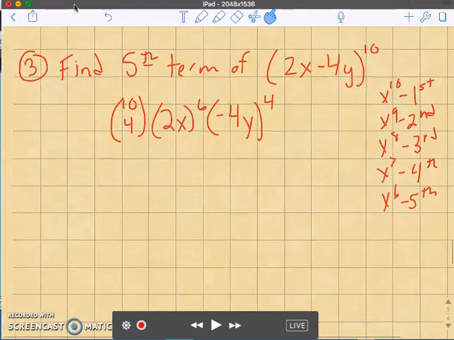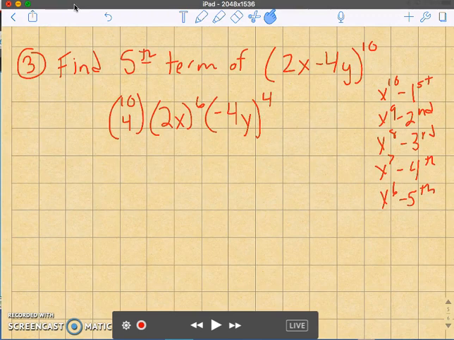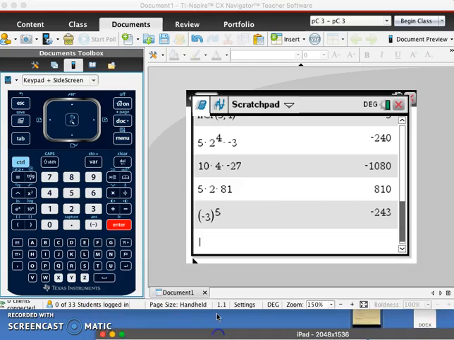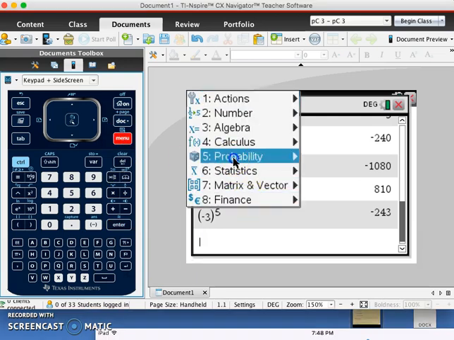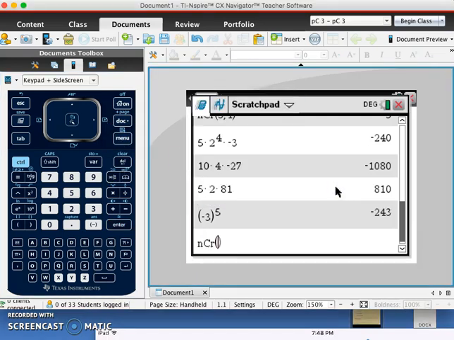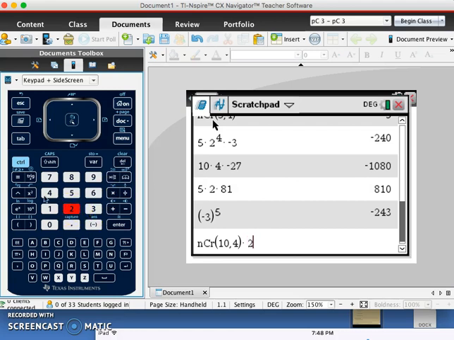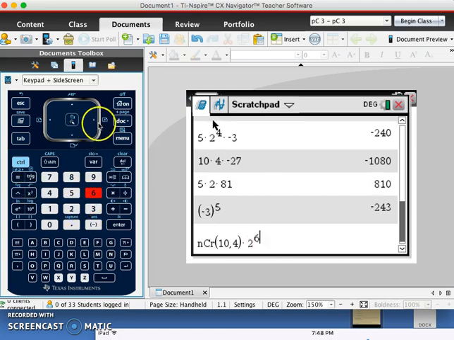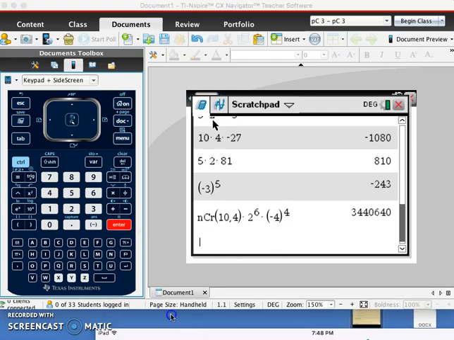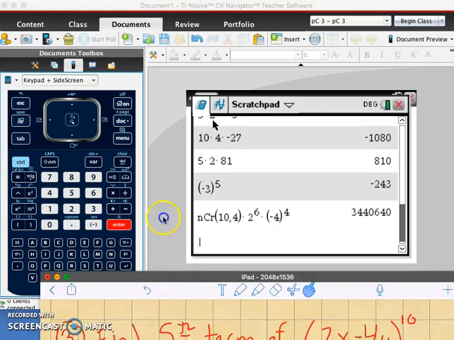If you look up here, the number that we're choosing always matches that second exponent. So we've got 10c4 times 2 to the 6th times negative 4 to the 4th. So menu, probability, combination, 10c4 times 2 to the power of 6 times negative 4 to the power of 4. 3,440,640.